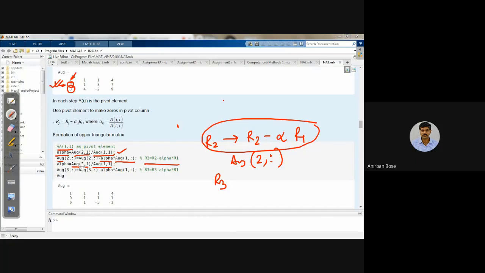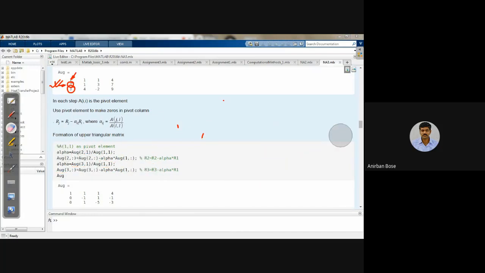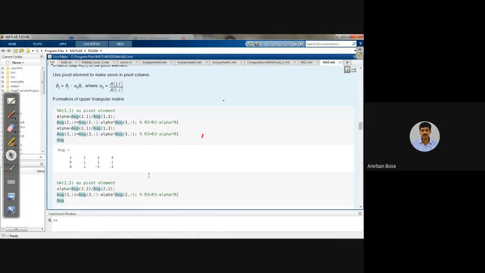The numerator for the third row operation has been changed, but again the same row operation has been written exactly. Okay. So in this way, if you do this calculation, you will get this particular result.